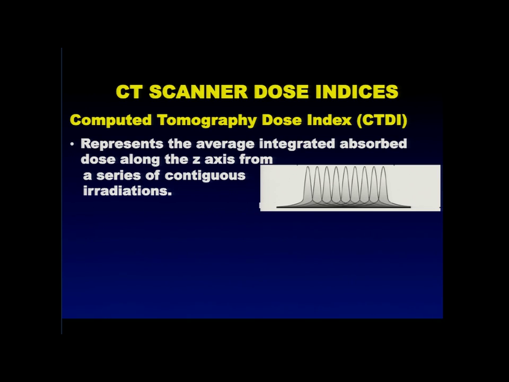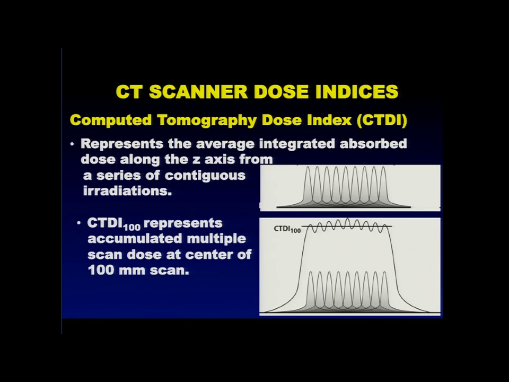Well, we know that if we do an axial scan, we're going to do the scan in a manner that I have dose profiles lined up side by side like this. And we notice from this that I get a contribution to my central profile from the dose tails on either side.